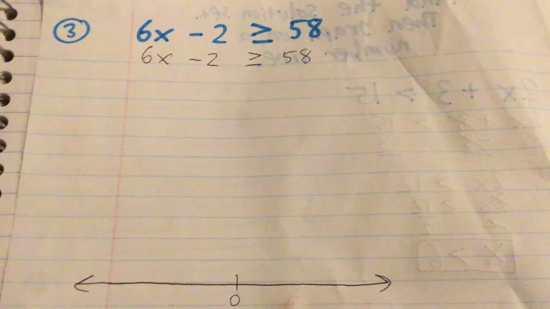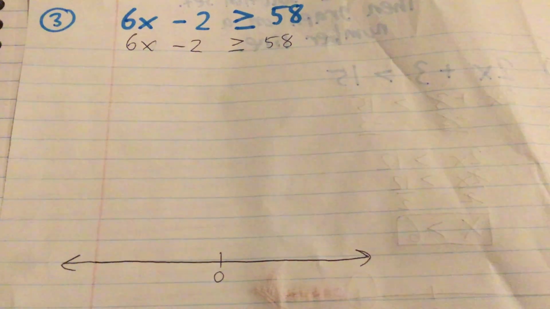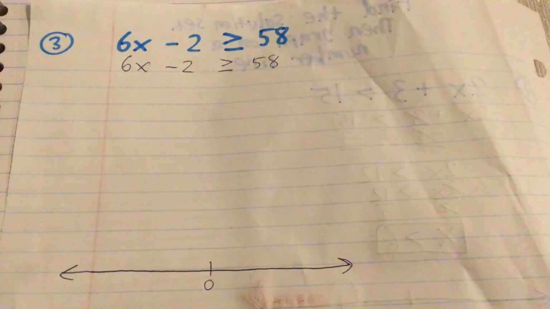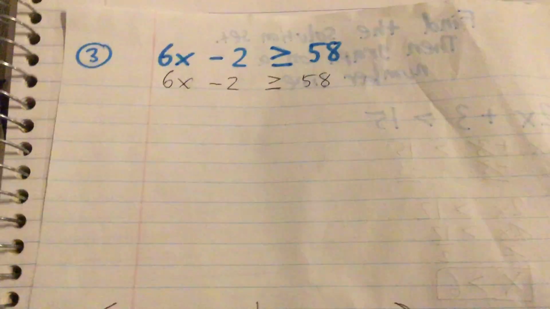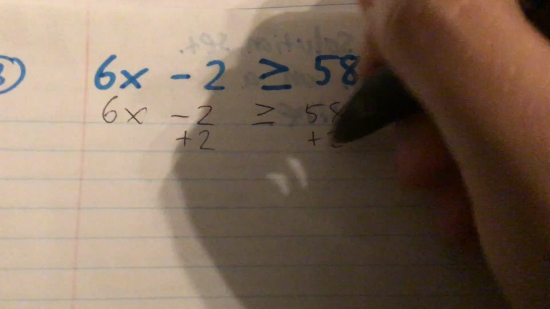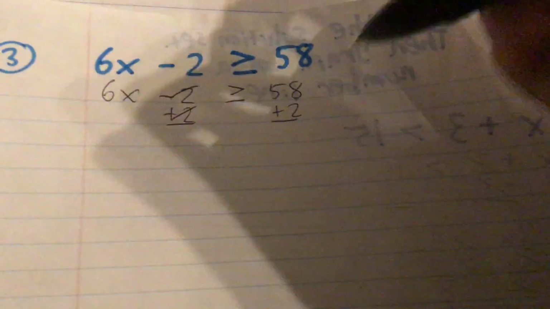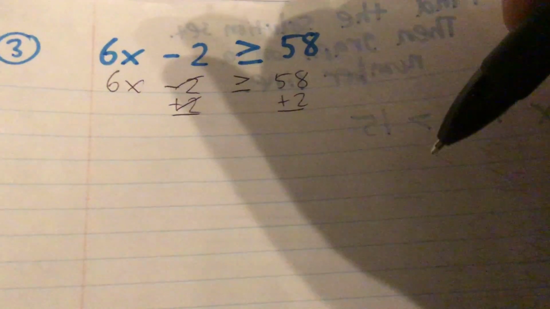All right. Number 3, 2 more to go. 6x minus 2 is greater than or equal to 58. If this was an equation, I would add 2 on both sides. So I'm going to add 2. And greater than or equal to doesn't change because I added on both sides.